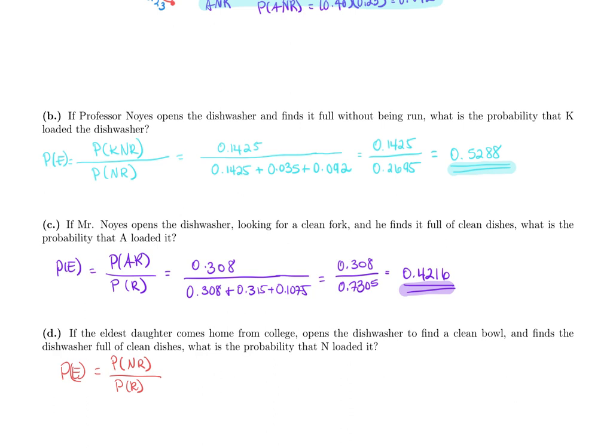So we already know that sample space in the denominator here. We just did it. But our probability in the numerator is that 0.315 for N and running. And that's going to be divided by the same sample space, the probability that it was run, which was 0.7305. So this probability that the dishwasher was loaded and run, if it was N, that would be 0.4312.